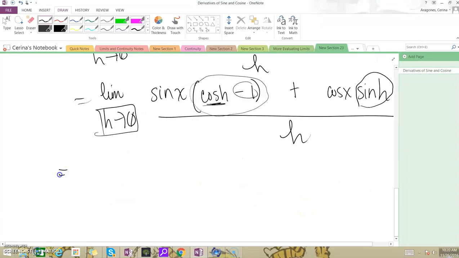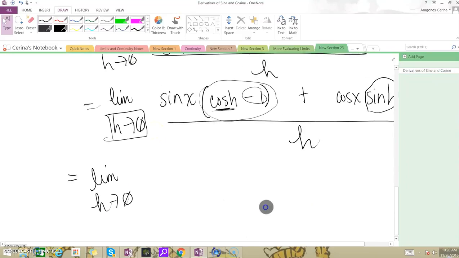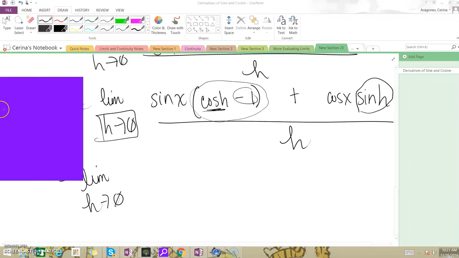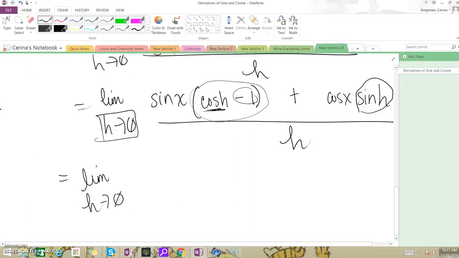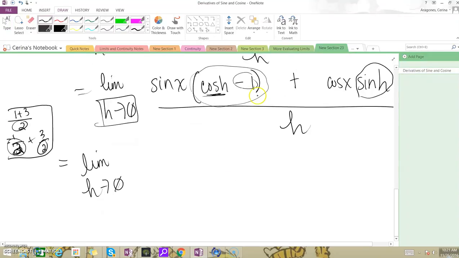So I can break these two up, put them over a common denominator. So, over here, I'm going to put it on the side. I know that 1 plus 3 over 2 is actually the same as 1 half plus 3 halves. Yeah, I just put them over a common denominator. So I can split these two up.